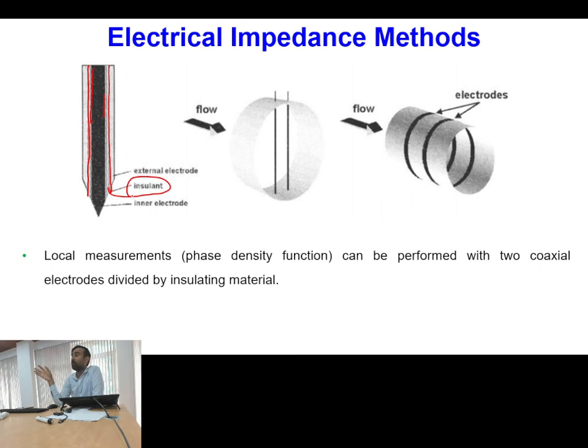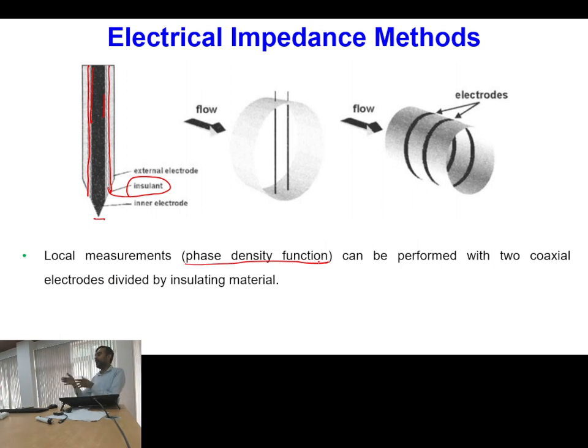This is typically called the electrical impedance method because the original fundamental approach comes from measurement of resistance, but measurement of conductance is actually easier in comparison to resistance. So sometimes it is also called the electrical conductance approach, and the majority of the time it is used in a conducting way only. Here you can see the first probe is conical shaped, and the location at which this probe is placed gives you the value of the phase density function.